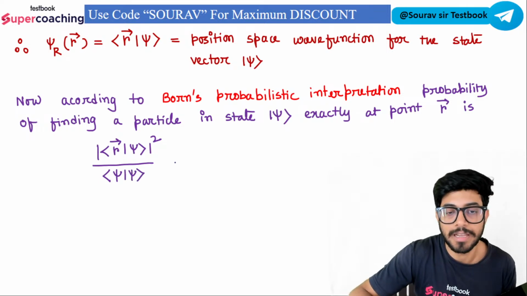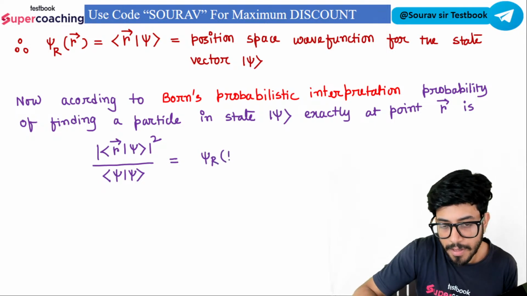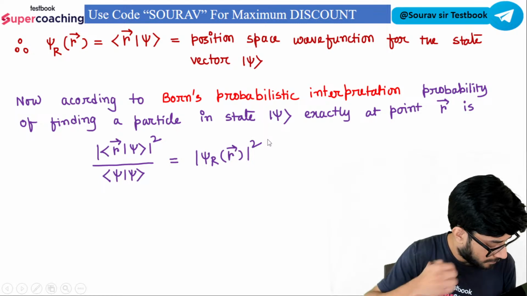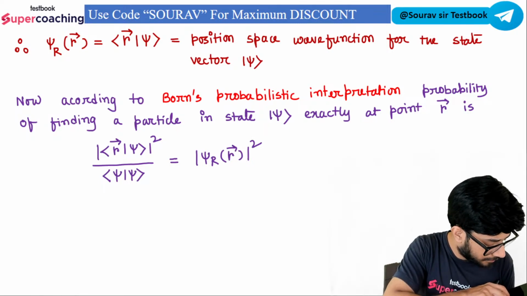If I take this as normalized, this will be equal to psi of r vector mod square.